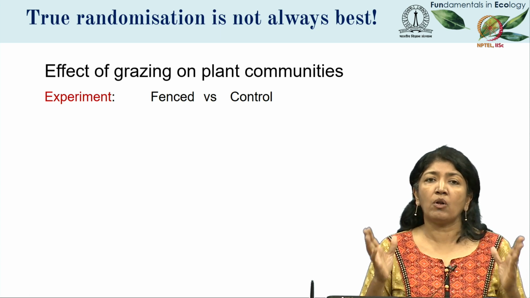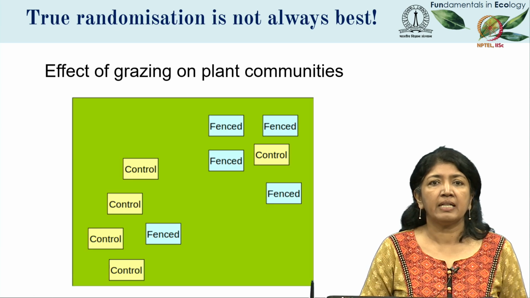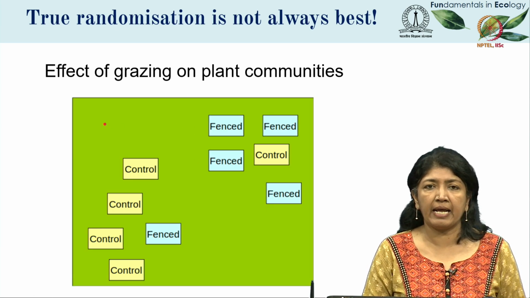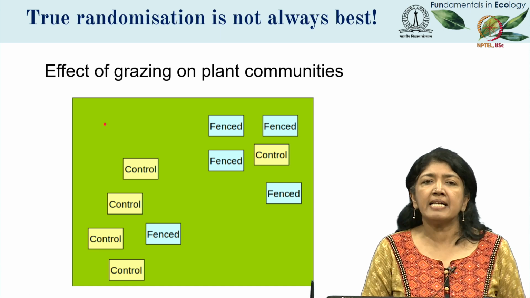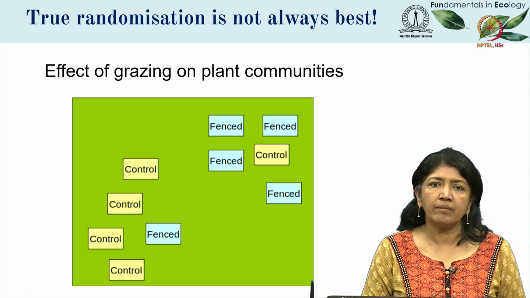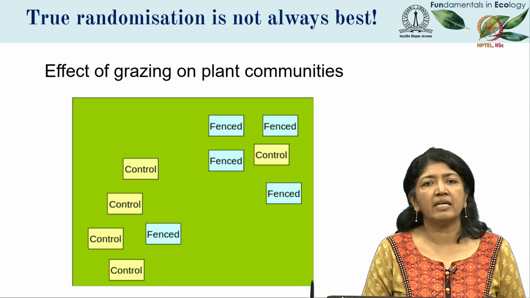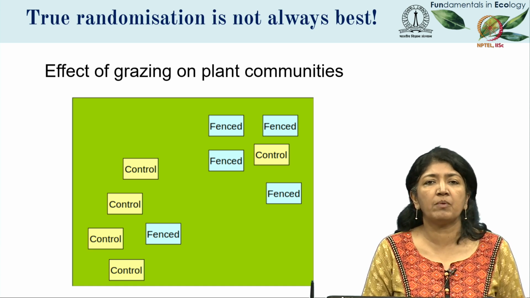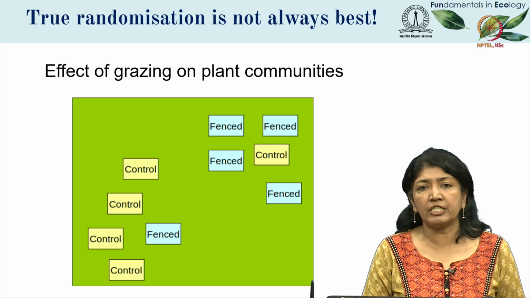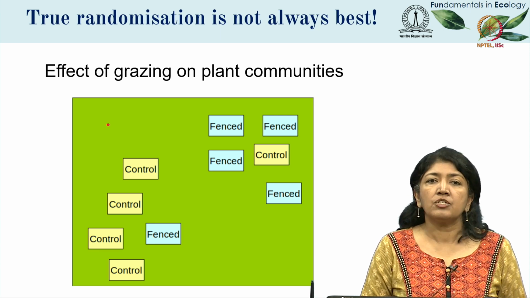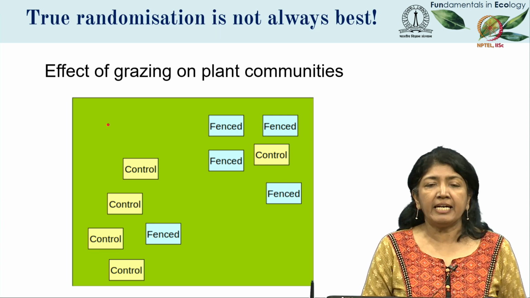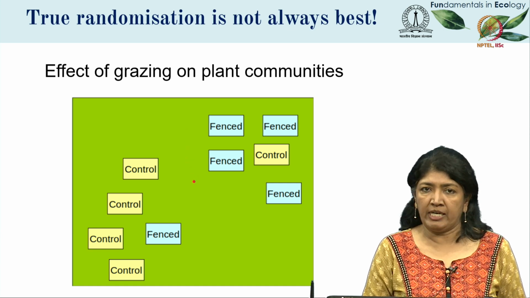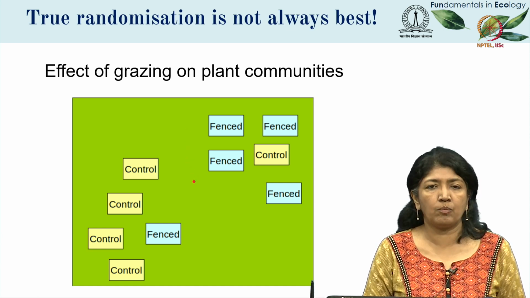Now, suppose I follow true randomization, that is, in a grassland, in this rectangle shown here, I select points at random and assign them to either fenced or control. Here I have shown you an example with 5 fenced plots and 5 control plots. Just by chance I get this particular set of locations for fenced and control plots.